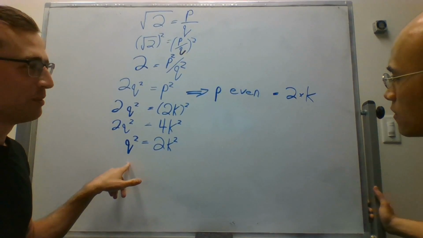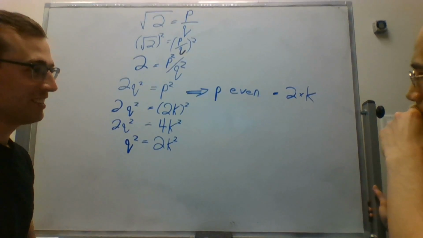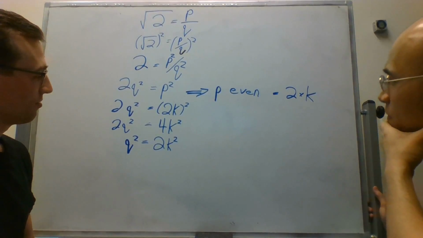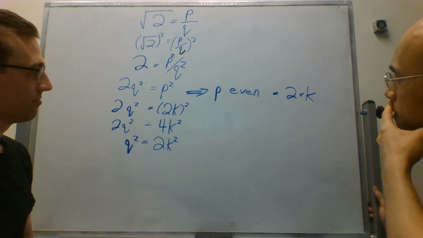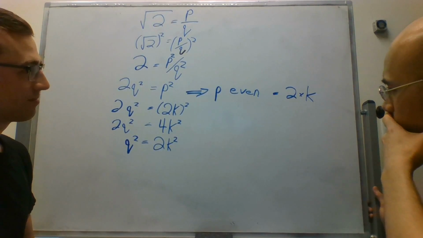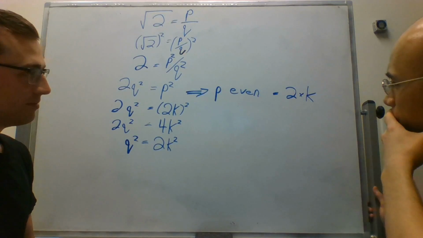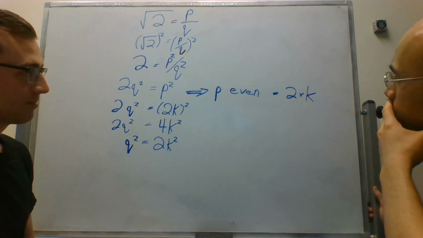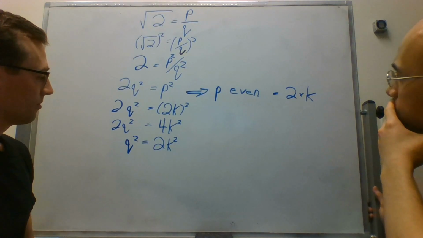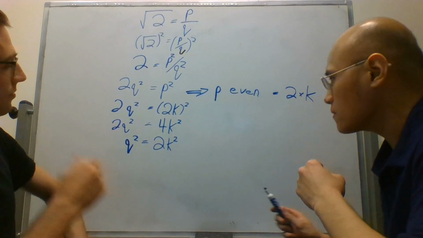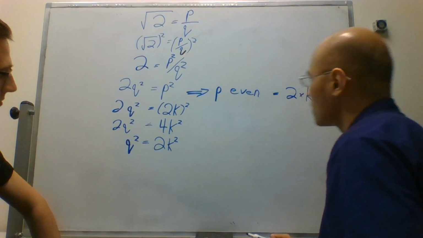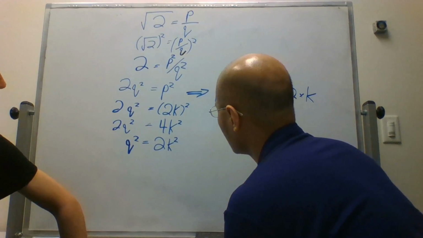Do you see what the problem is here now? Okay, so we know that Q has to be an integer, and we assume that the square root of 2 is a rational number.